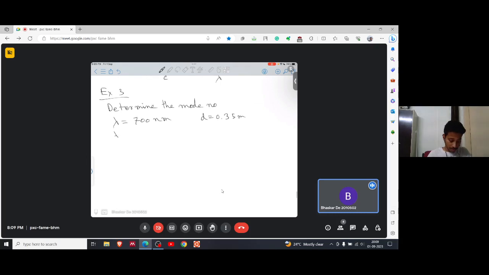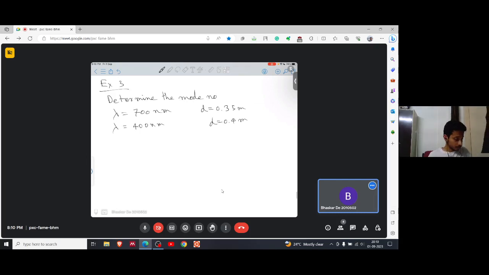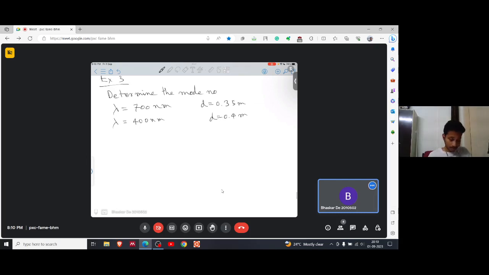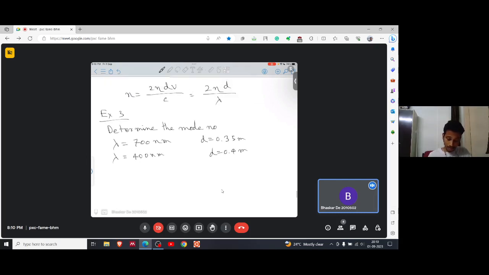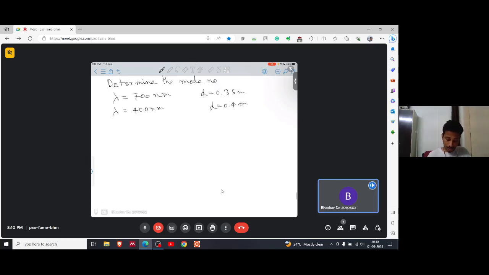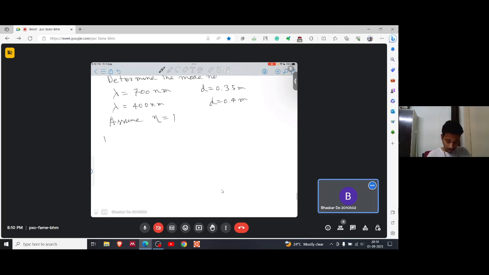This is the first case, and another case is lambda equal to 400 nanometer in the blue region and a spacing of d equal to 0.4 meter. So here there is no mention of refractive index, so we'll just assume eta equal to 1.